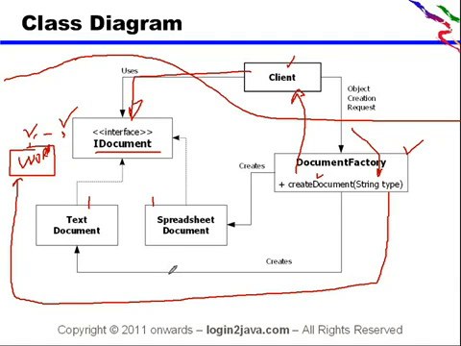So it is easy to reuse also. And there is only a single point of access for creating any type of document, and that is this factory method, create document, inside the document factory. So this is the basic classic way of implementing the factory method.